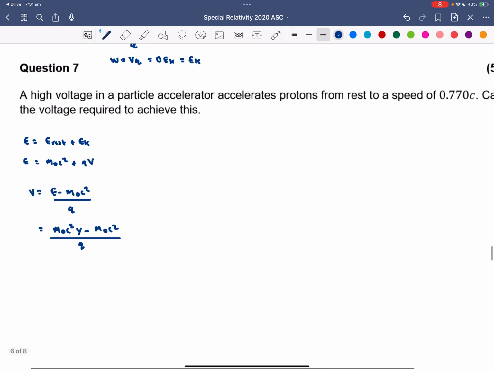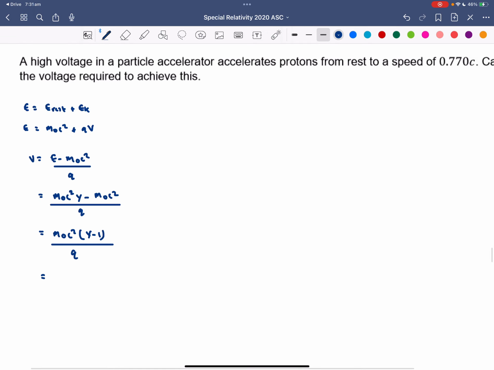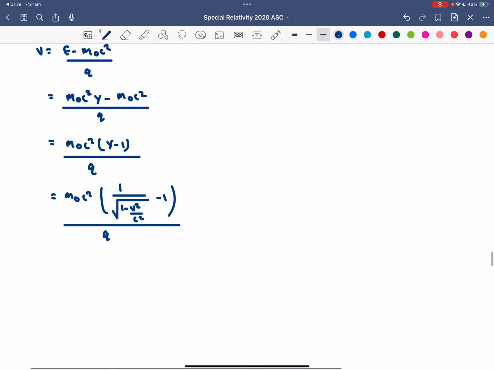If I was to simplify this, it's m0c squared times Lorentz factor take 1, all over Q, where the Lorentz factor is 1 on root 1 take v squared on c squared, take 1, all over charge. Now, it's a proton. The rest mass of a proton according to the data sheet is 1.67 times 10 to the negative 27.